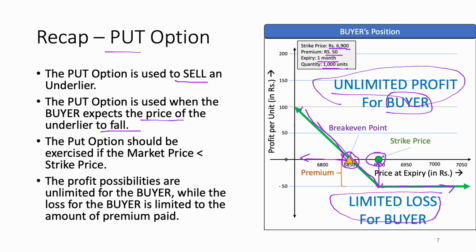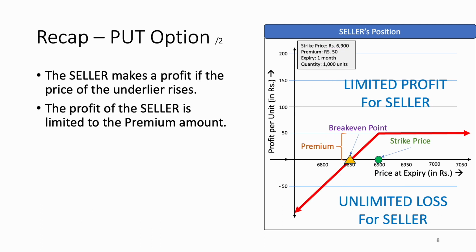Let us see what the position of a seller is in this case. The seller will make a profit if the price rises. But if the price falls, the seller will continue to have a loss. As the price falls, the seller will suffer a loss, and this loss can be unlimited.